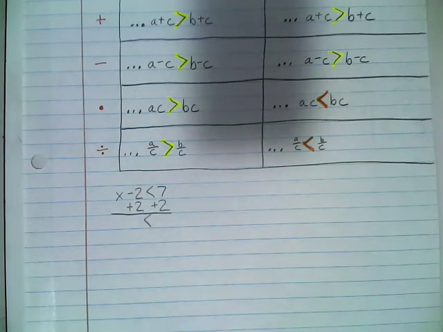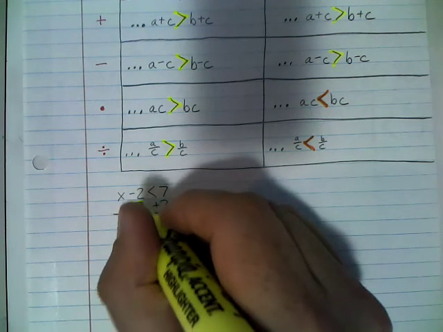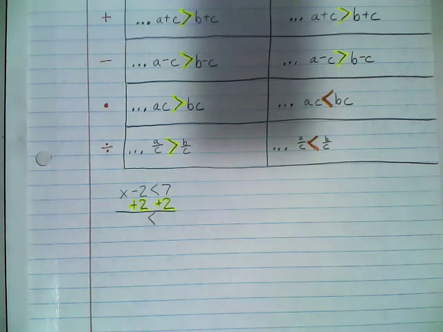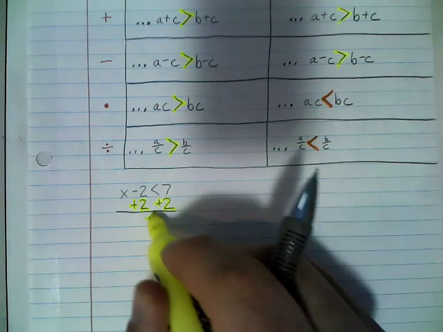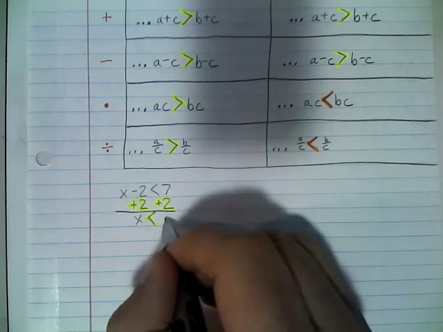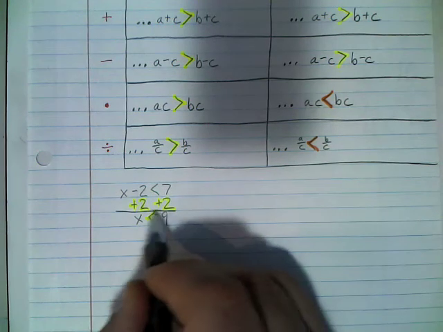So I'd like you to please go ahead and take out your yellow, and we're going to highlight the plus 2's there. Plus 2 is not going to change the sign. So then this is still going to be, I'm going to highlight that in yellow, x, and then 7 plus 2 is 9. And there's my solution.